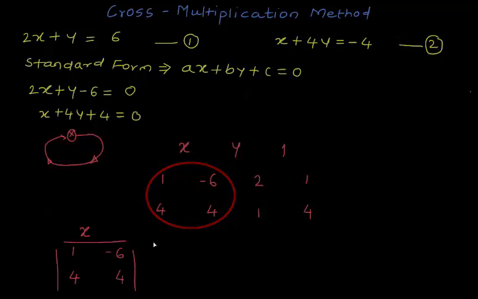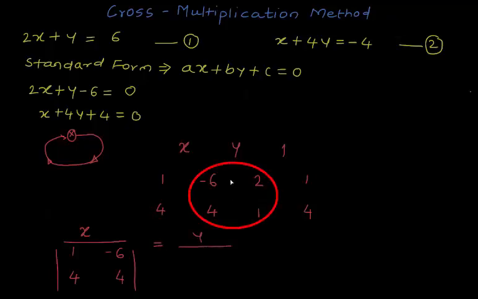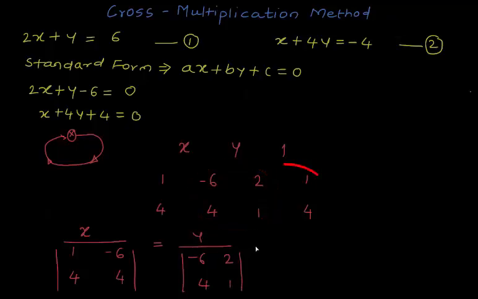Then y has the pair minus 6, 4 and 2 and 1. Then the constant term has the pair 2, 1 and 1 and 4.